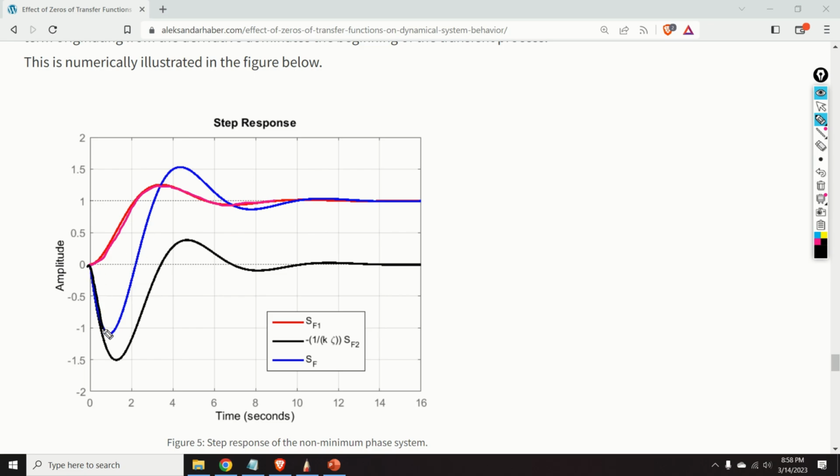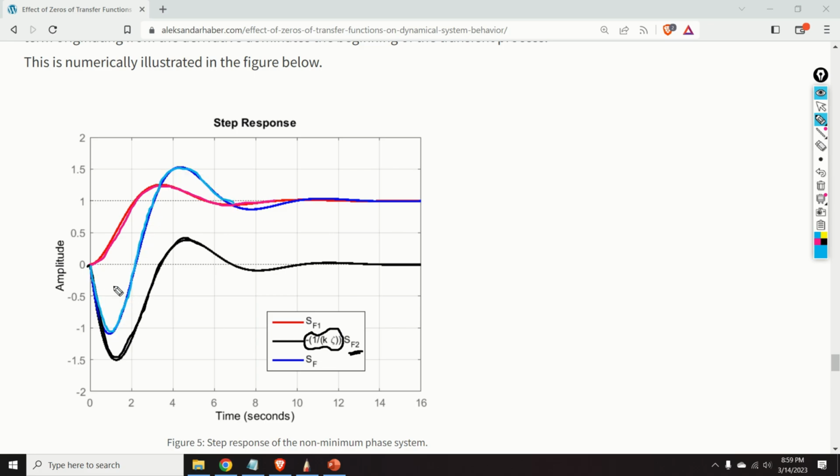That is, this is a derivative action. And we see that initially this whole term is negative. This is because we have this constant in front of the second part of the transfer function. And once we add the black line and red line together, we obtain the blue line, and the blue line is the final response.